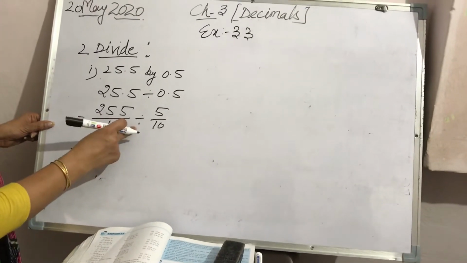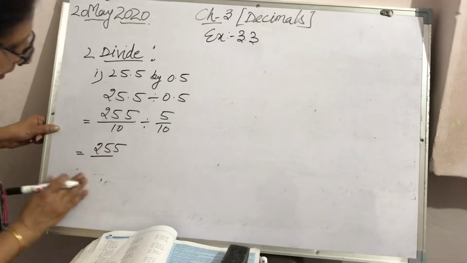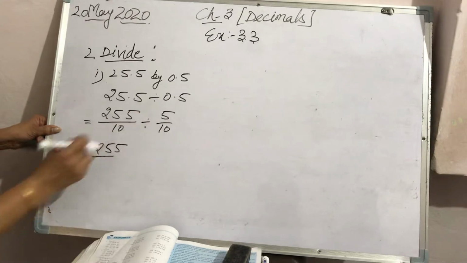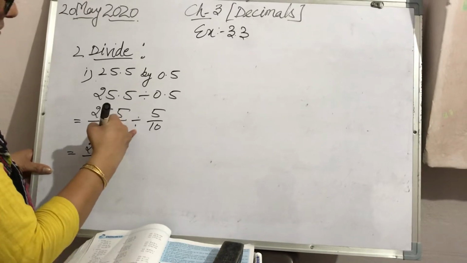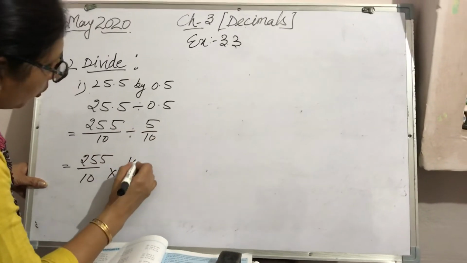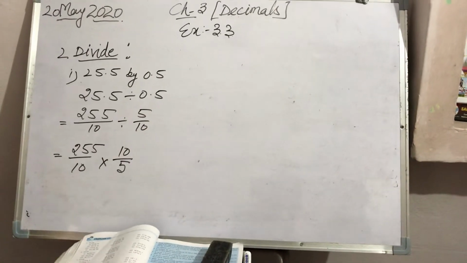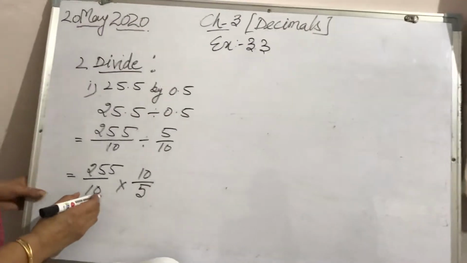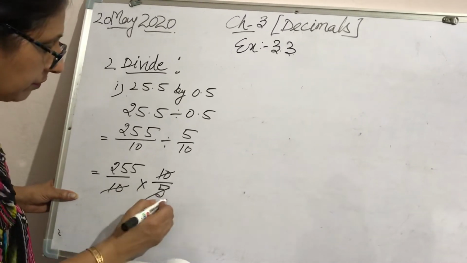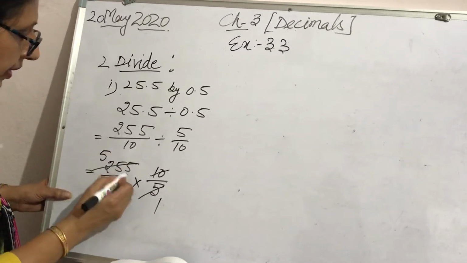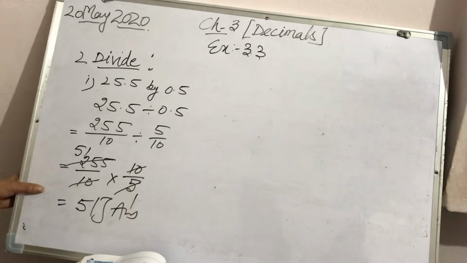Now this division sign changes into multiplication, because we can reduce only with multiplication. By dividing we cannot reduce them. While changing the division sign into multiplication, the reciprocal of the divisor will be there. So 5 by 10 is converted into 10 by 5. Now we can reduce 10 with 10. 5 5s are 25 and 5 1s are 5. So 51 is the answer of this question.